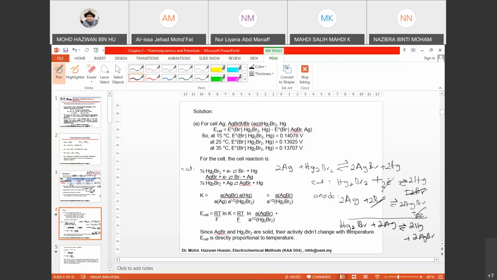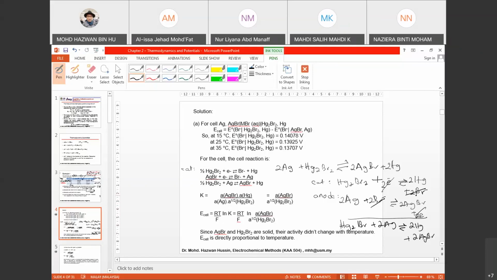How did you remove Br ion and Br element? You removed 2Br with another 2Br.